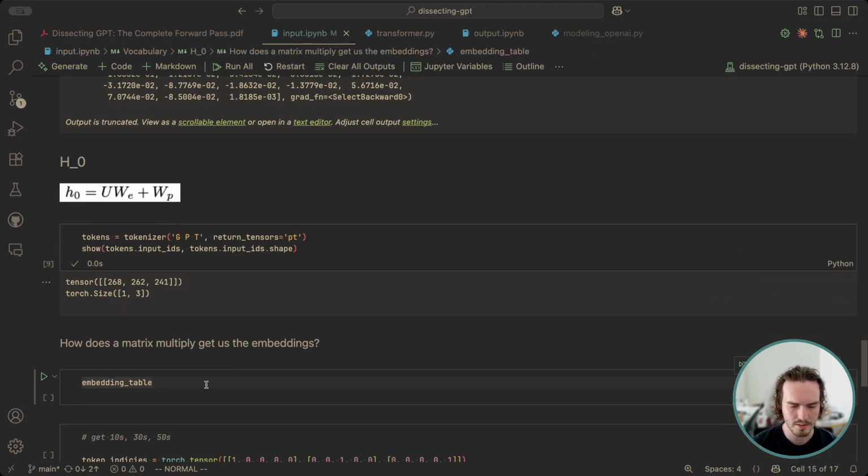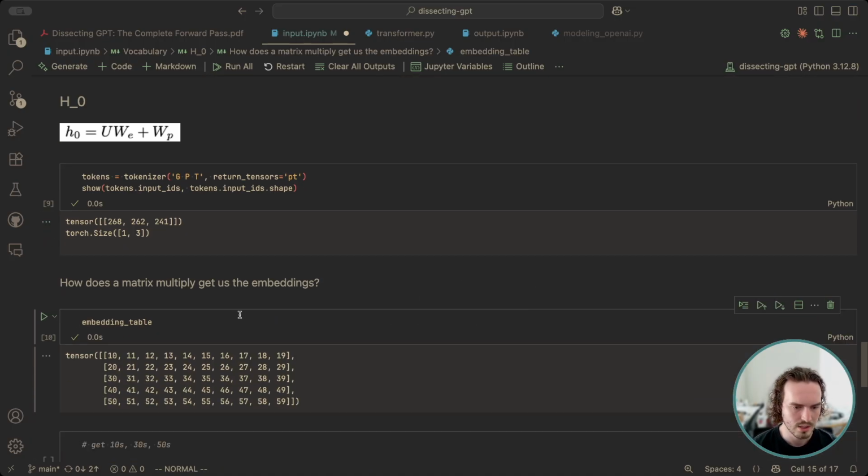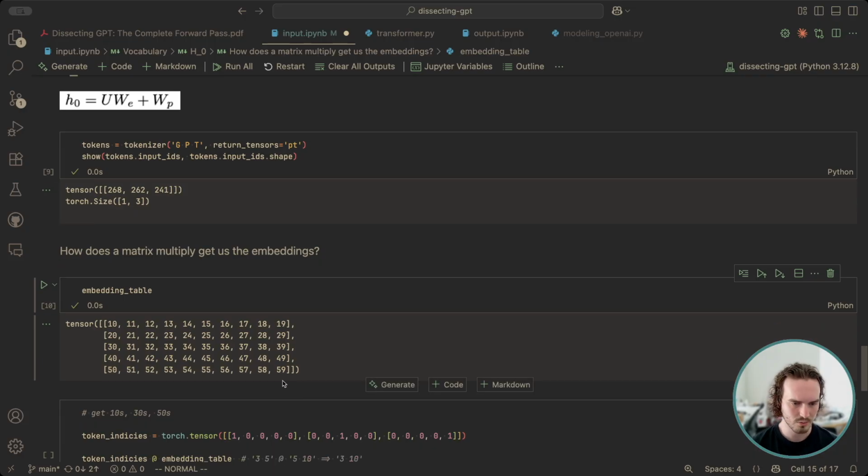So I have this example embedding table that is obviously just for demo purposes. We have 5 rows by 10 columns each. Let's say that I want to grab the 10s, the 30s, and the 50s.